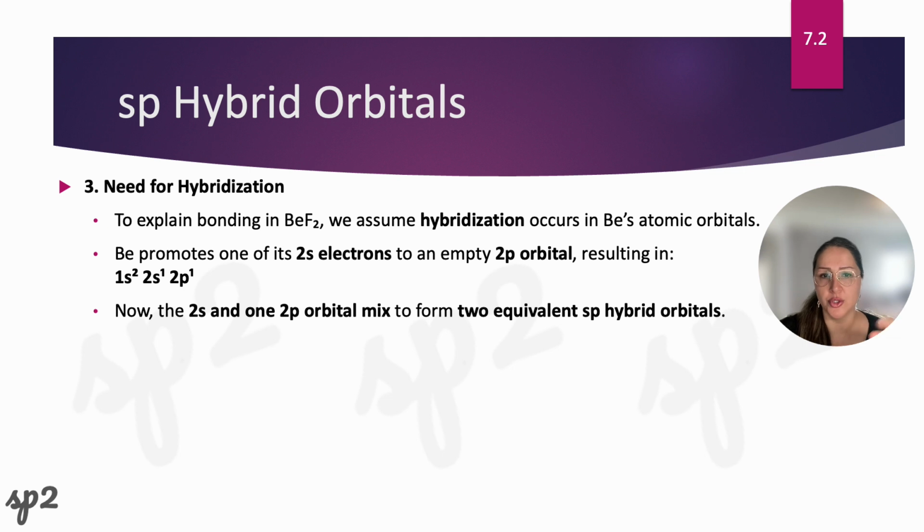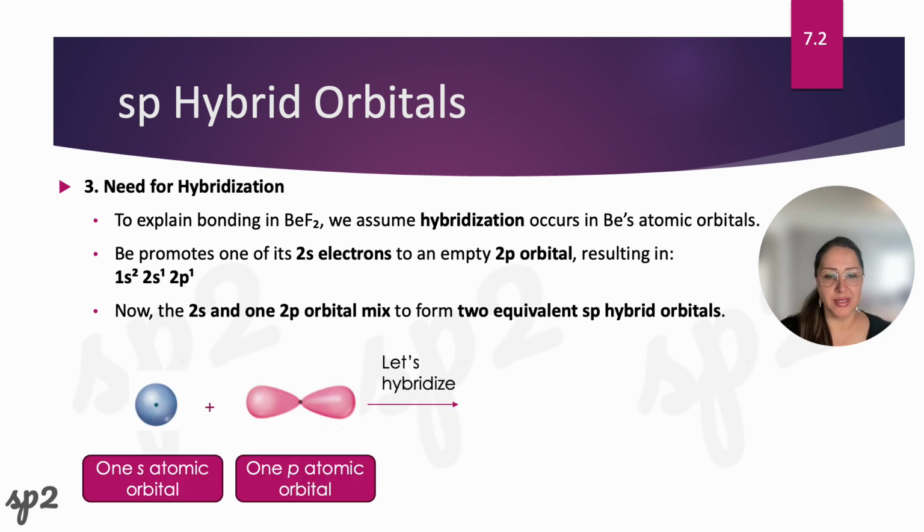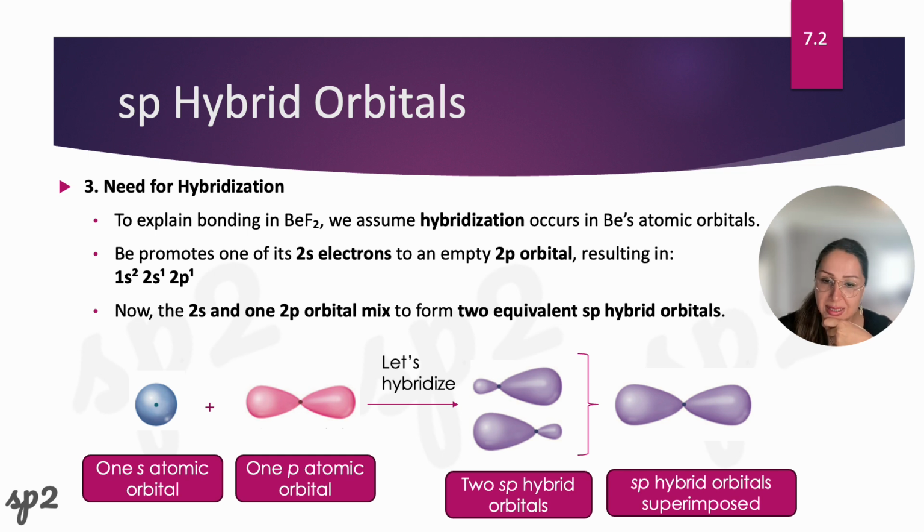The 2s and the 2p orbitals mix, and they form two equivalent sp hybrid orbitals. Here we have the s orbital, which is spherical, and the p orbital, which has a propeller shape. These hybridize and make two sp hybrid orbitals. You can superimpose them, and that's how you get the very last picture.